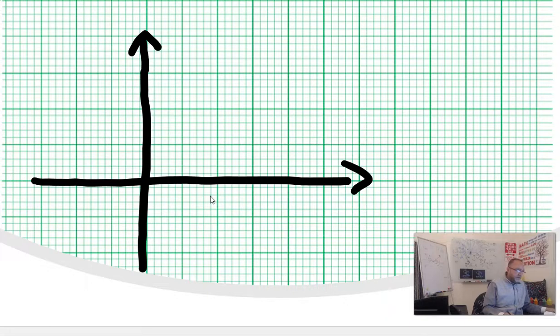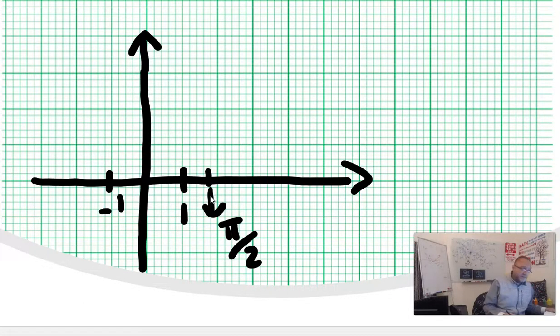So if this is my 1, okay, and this is my minus 1, and pi over 2 should be somewhere here, because pi is 3.1415, so pi over 2 is a little bit more than 1, okay? That's all I did.